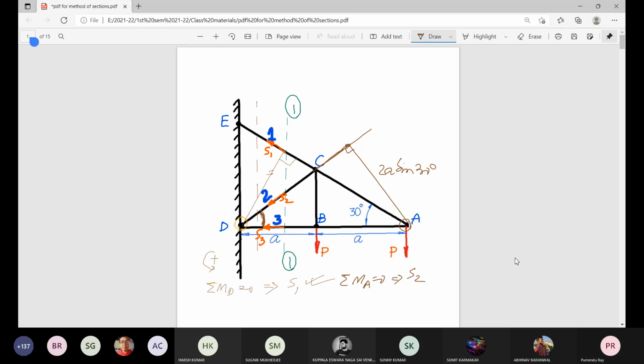Next, to directly find the value of S3, the moment center should be where 1 and 2 intersect, that is at C. So sigma MC equals 0 will give you the value of S3 directly.